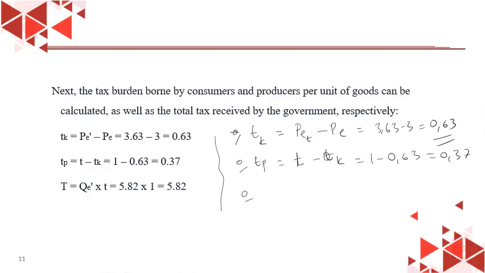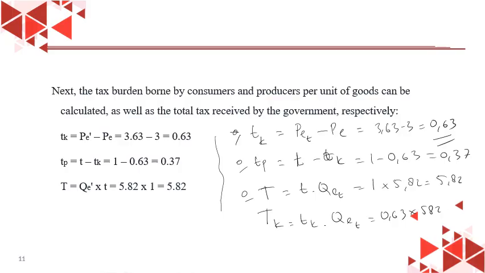And the tax that is given to the government is tax times QET, so it is 1 times 5.82, and all of the taxes that should be paid by the consumer is Tk times QET, 0.63 times 5.82. You calculate it by your own, along with the producer.